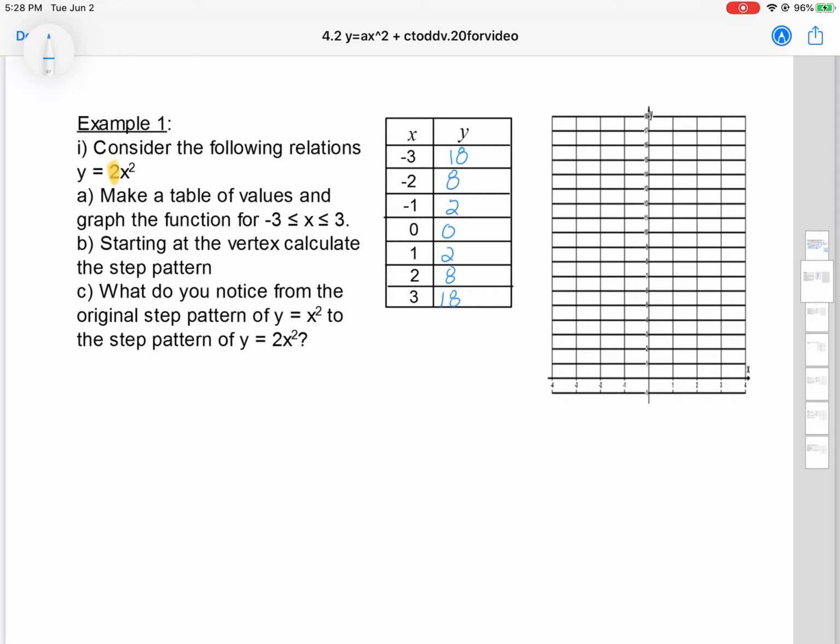Again, we talked about the axis of symmetry, right? You can see that the values have some symmetry here, which is a property of a parabola.